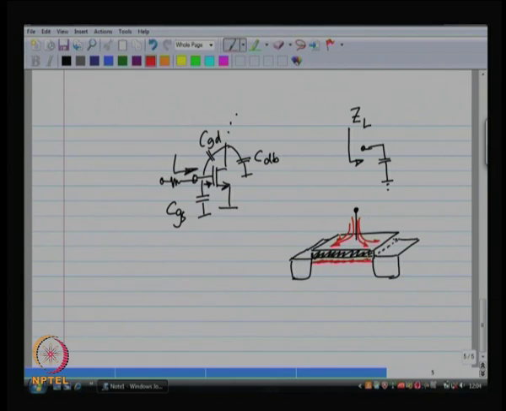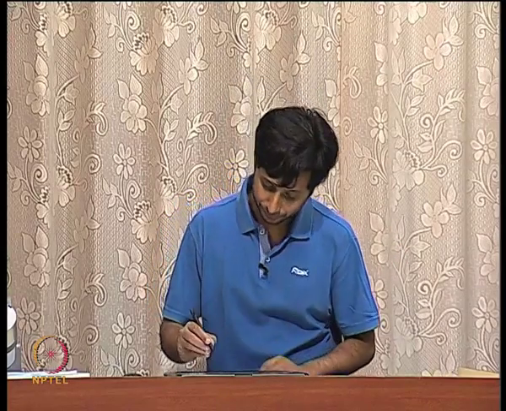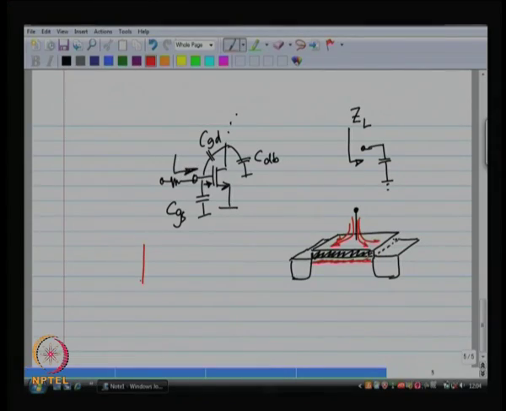And remember that although it is a MOSFET, it is no longer metal oxide semiconductor. This gate is made up of material like polysilicon. So, as a result, polysilicon is also used to make a resistor. So, you can view the gate as if it is a distributed mesh of resistors.